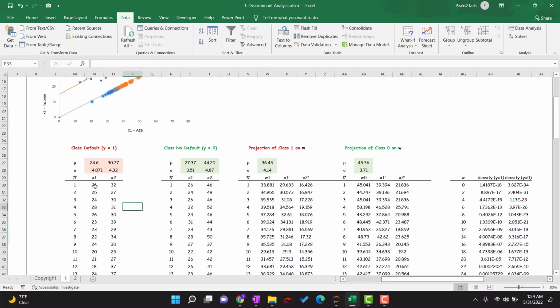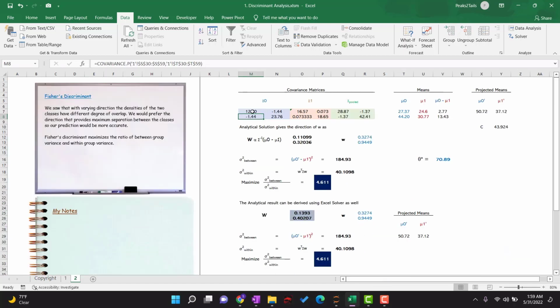Similarly for class 1, you can create that 2 by 2 variance covariance matrix. Next step is to calculate the pooled sigma. Pooled sigma is very easy. Just add the corresponding elements of these two, and you get this. That's the pooled sigma.